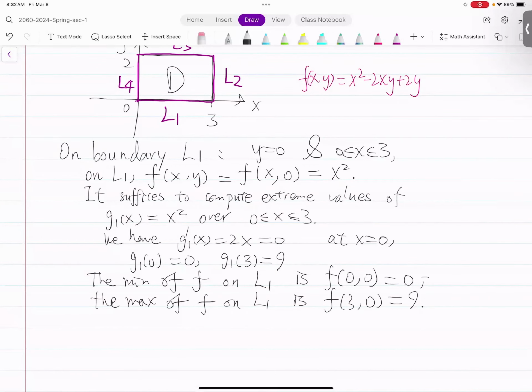So let's look at one more. Now we move on to L2. Everything is really parallel. On L2, we have x equal to 3 fixed, and y is between 0 and 2.